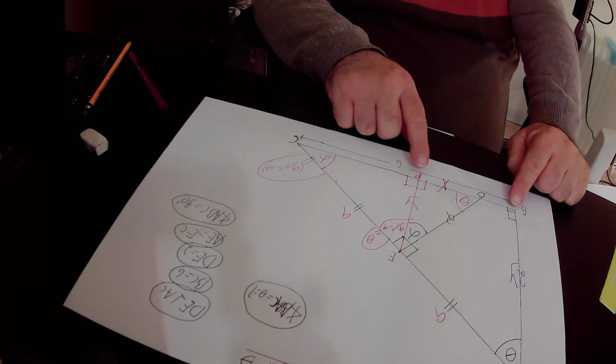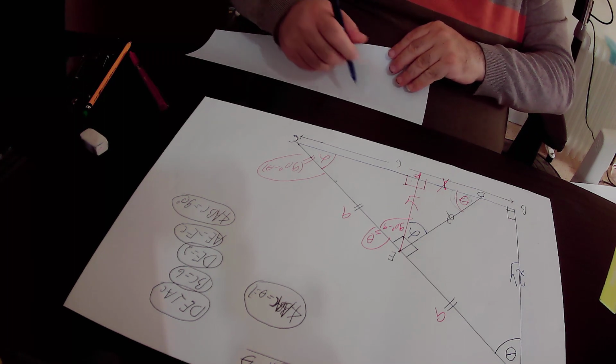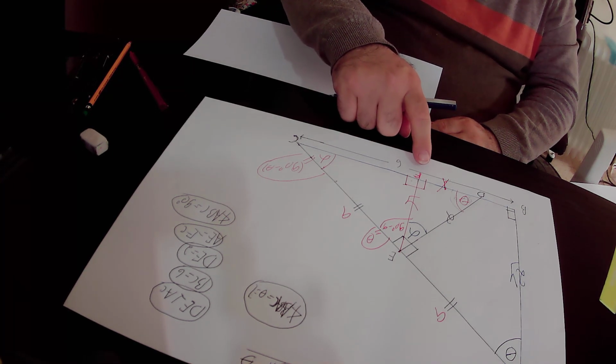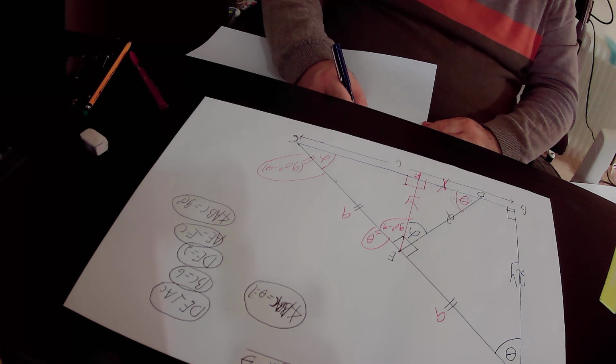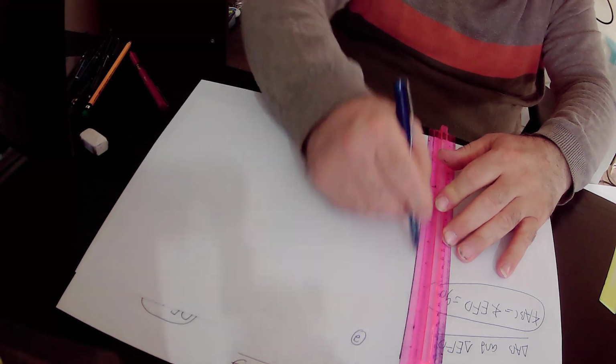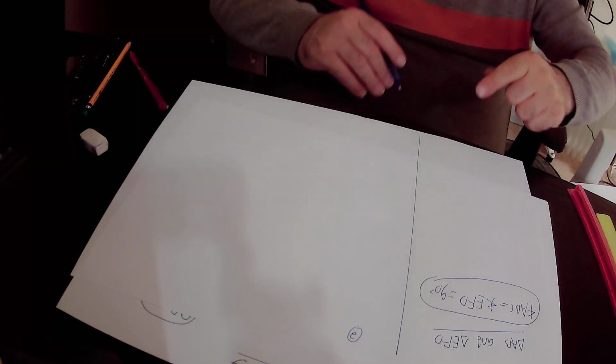First of all, those two angles are both equal to 90 degrees, therefore they are equal to each other. So angle ABC of triangle ABC is equal to angle EFD, and they are both equal to 90 degrees.